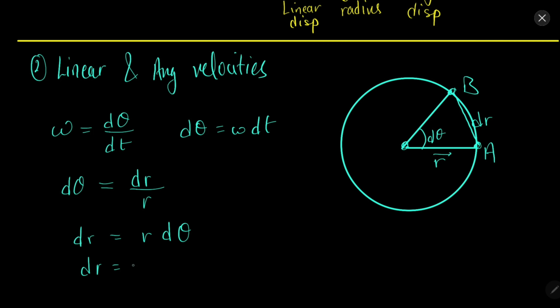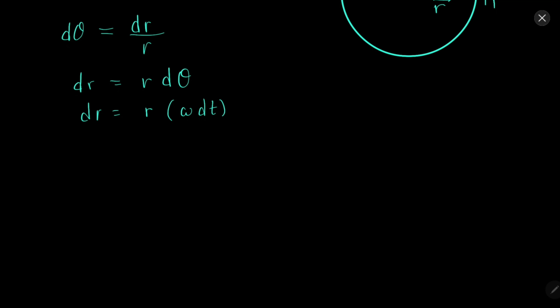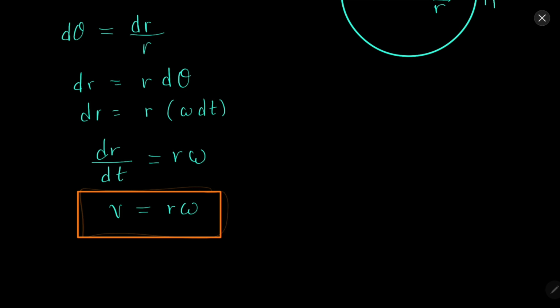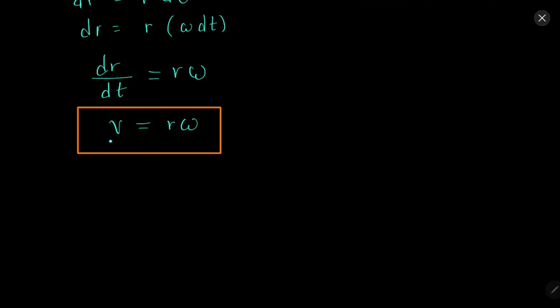So dr equal to r, and in place of d theta we get omega dt. So we will get dr by dt equal to r omega, and we know that the rate of change of linear displacement is the velocity. So velocity is equal to r omega. So this is our relation for the linear velocity and the angular velocity.